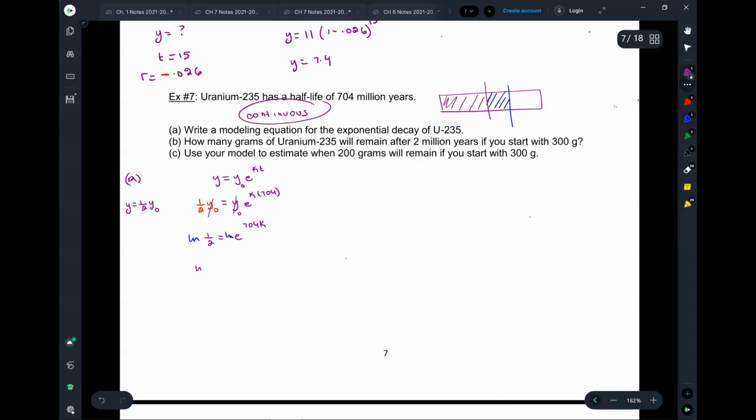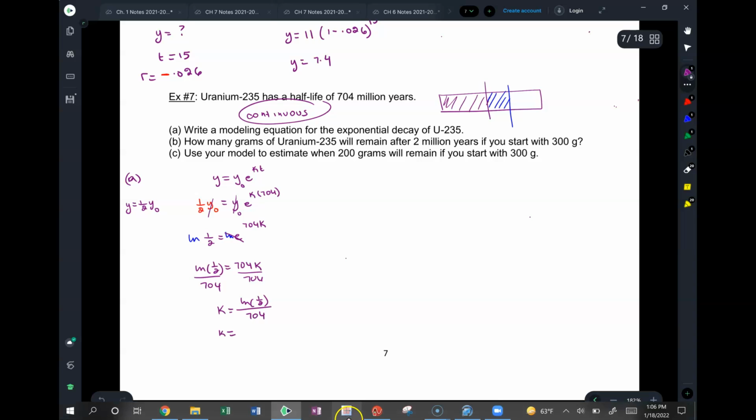So here I have ln of a half equal to ln and e make each other go away, and the 704k just becomes a regular number. Divide by 704. So k is ln of a half over 704.